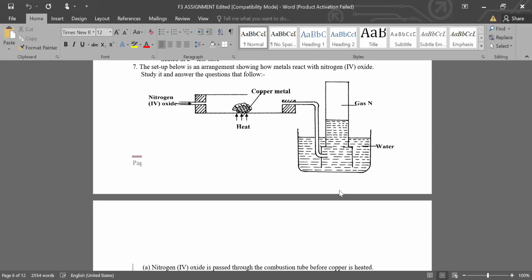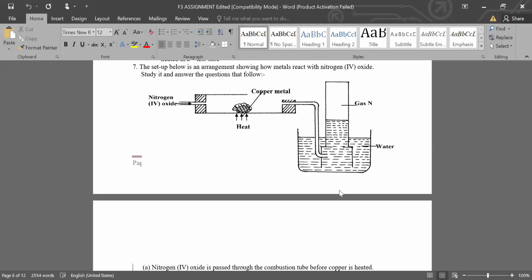When nitrogen 4 oxide reacts with a hot metal, the heat of the hot metal decomposes the nitrogen 4 oxide to nitrogen and oxygen. The reactants in that case will be copper plus NO2.